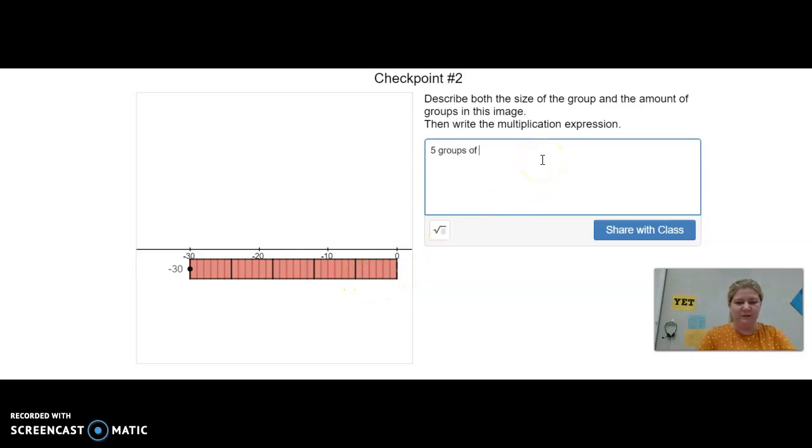So 5 groups of -6. Or there's 5 groups, there's -6 or 6 negatives in each group. So that would be 5 groups of -6, which gives us -30.